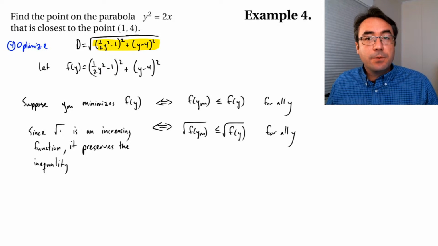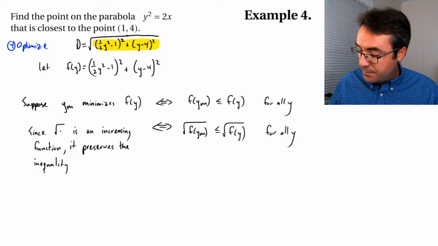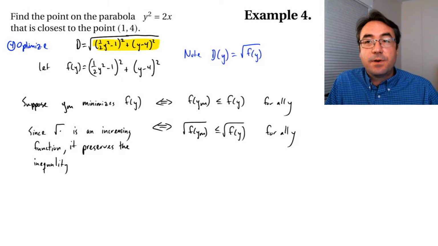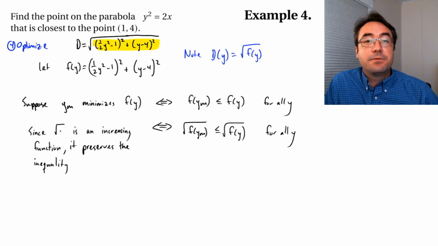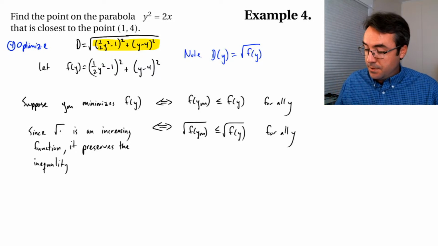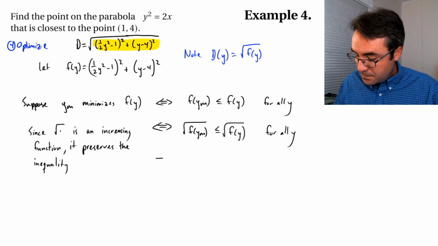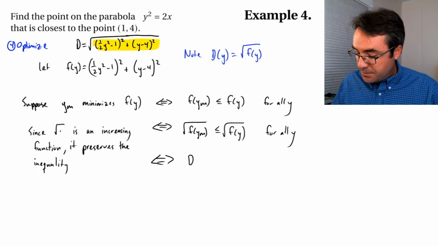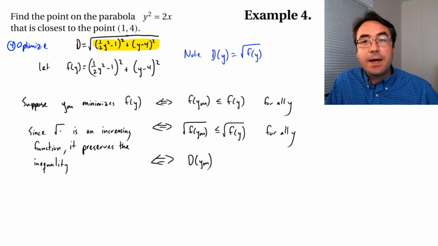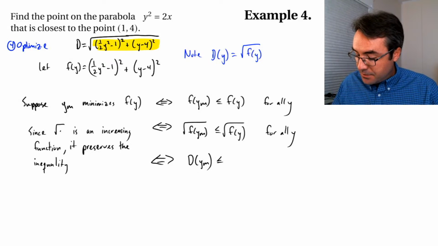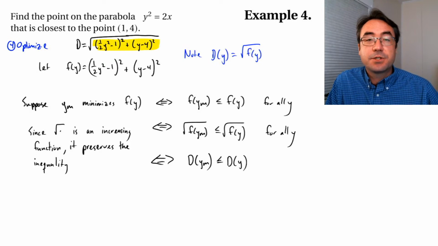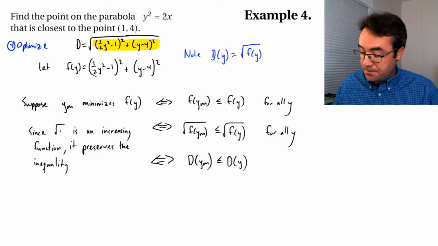And the function square root f is just precisely our distance function that we had from above. So note, our original distance function is just the square root of function f. So this must be our distance function evaluated at ym. And on the other side of our inequality, this is just our distance function evaluated at any y value.